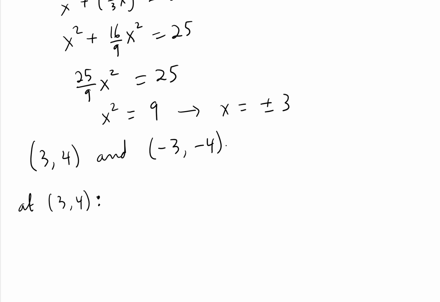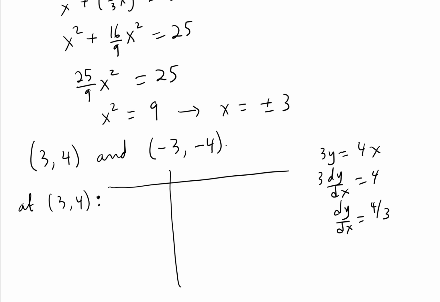So for 3y equals 4x, 3 dy/dx is 4, so dy/dx is 4/3. That's for the line. So I'm going to do it like this: line, circle. For the line, dy/dx is 4/3.